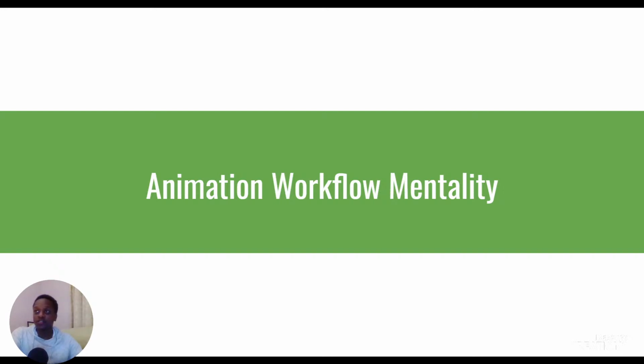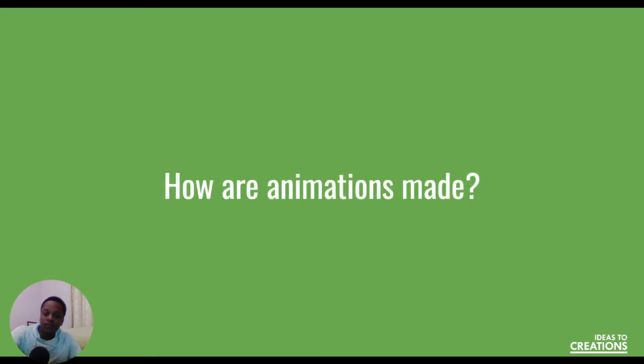It applies to animation in general and how we interact with the computer as we create our animations. Because this is not so much just single frame by frame stuff, it's also about what's happening in between those frames. So, how are animations made? What is animation?